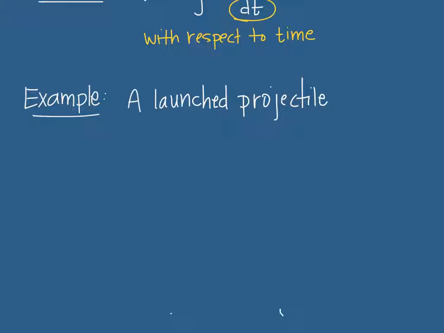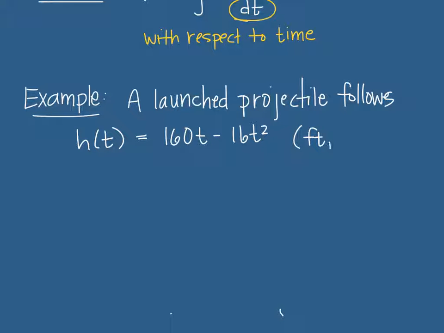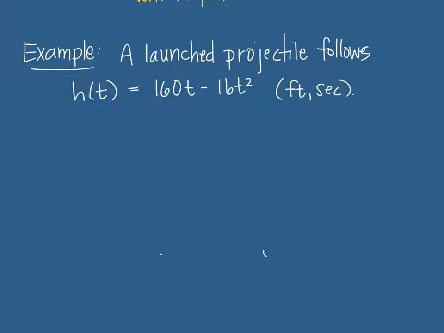So a launched projectile follows the path h of t, so the height is dependent on the time, of 160t minus 16t squared. And we're talking about feet, and we're also talking about seconds here. So a couple questions you would ask from a physics point of view, and then calculus will help you answer those questions. Okay, question A, find the maximum height.